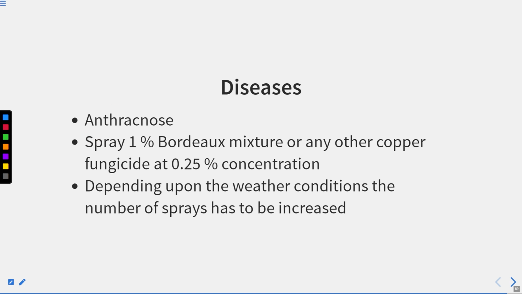Another disease is anthracnose. So spray of 1% Bordeaux mixture or any other copper fungicide. Anthracnose is again caused by a fungus, so we are using some fungicide. Here we could use either 1% Bordeaux mixture or any other spray or fungicide that contains copper at 0.2% concentration.